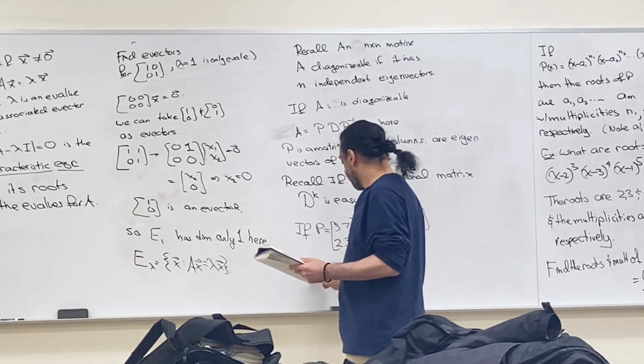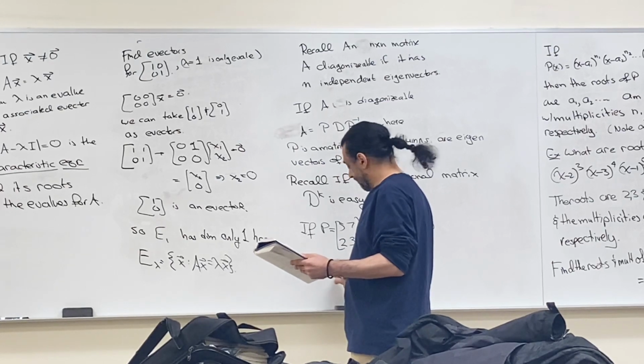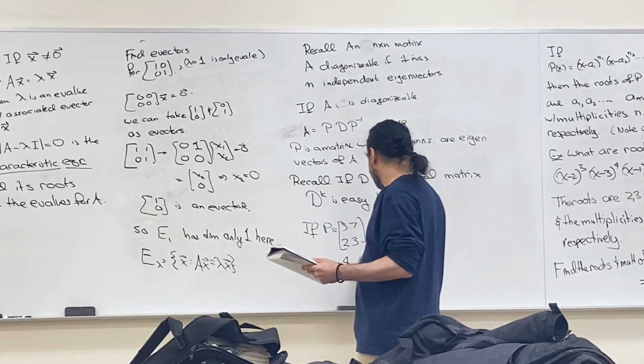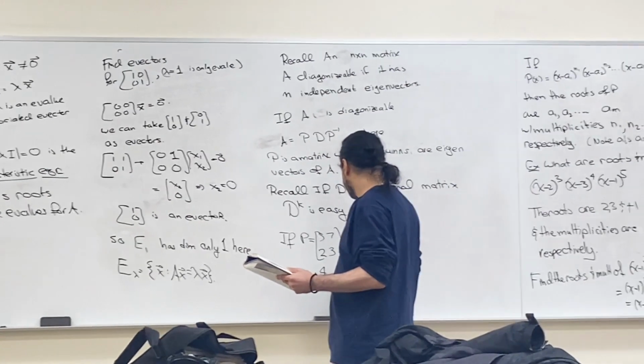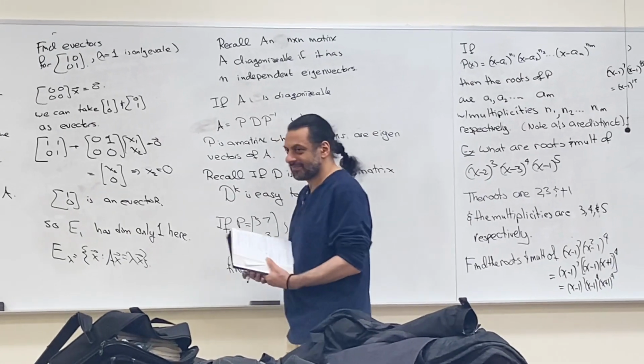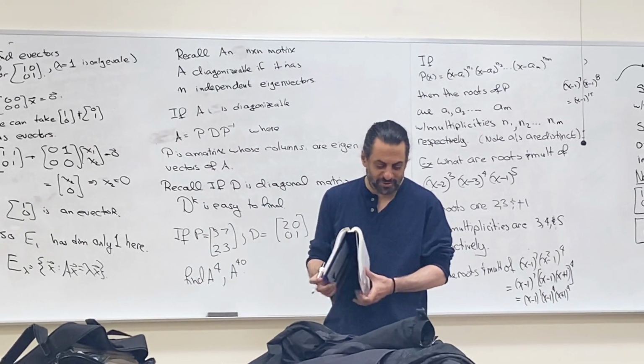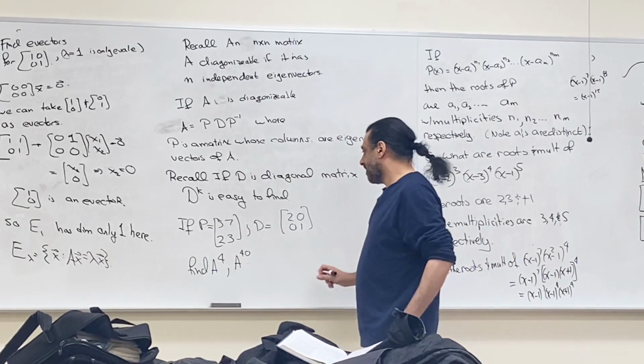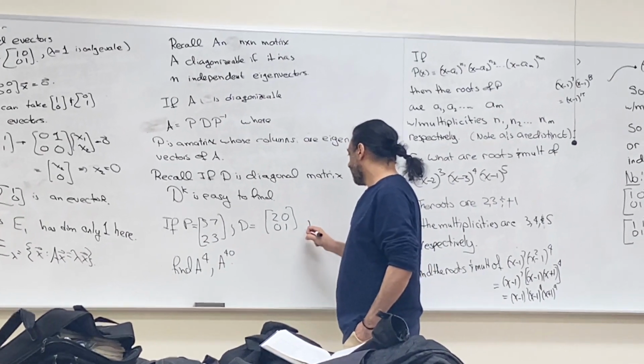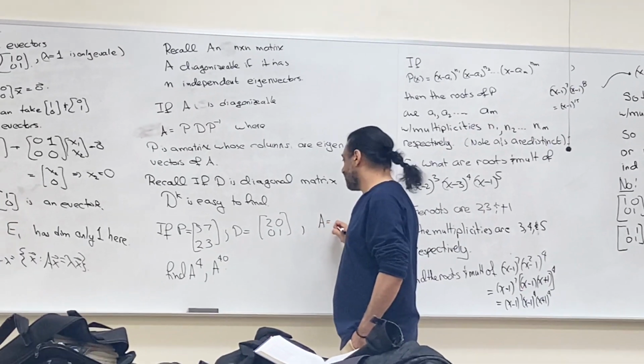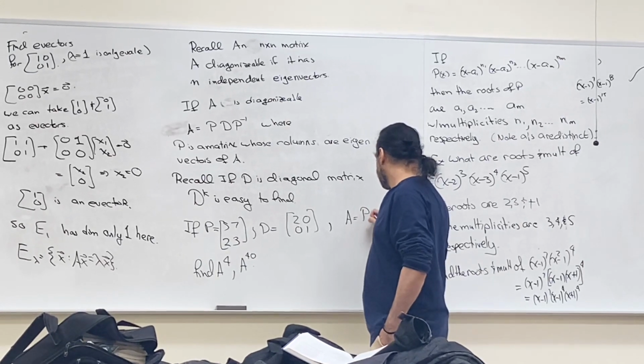Find A to the 8 and 4. Maybe let's add some more. So what do we do? What do we need? And we should also say A is equal to P D.